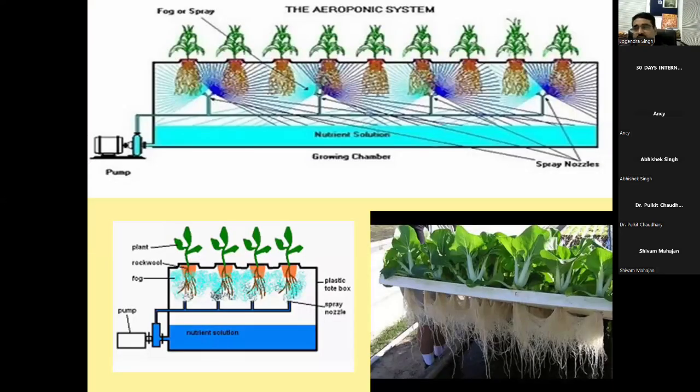And the aeroponic system uses nutri-water. Hydroponics uses nutri-water, aquaponics also provides nutri-water, and aeroponics uses nutri-water. We can use water-soluble NPK or liquid NPK at near 20 to 30 ppm and spray it by sprinklers in the root zone. We can provide the nutri-water to the root zone with the help of a timer.